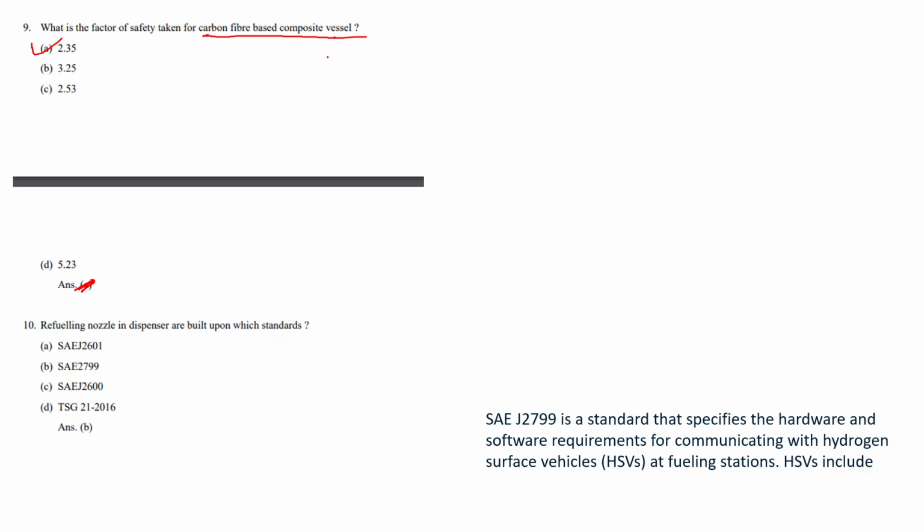If I use only steel material, so will the factor be high or low? The factor of safety will be more, higher. Why? Because I already learned that in comparison to carbon fiber, there are type 1, type 2, type 3, type 4.